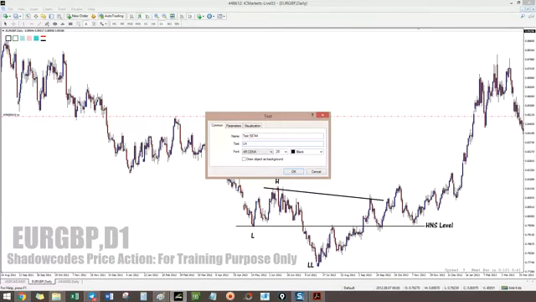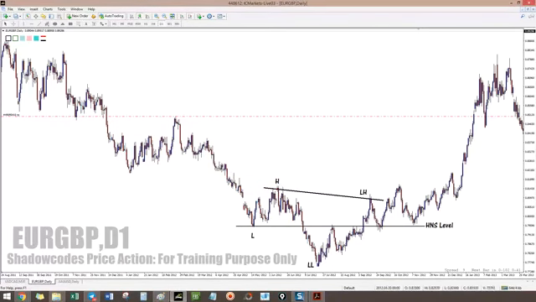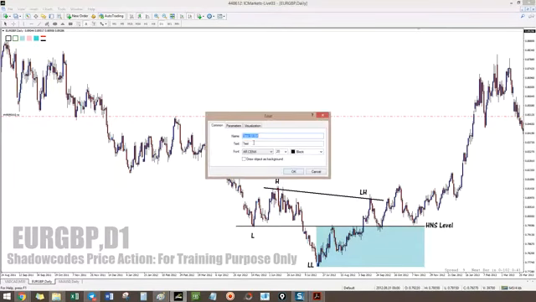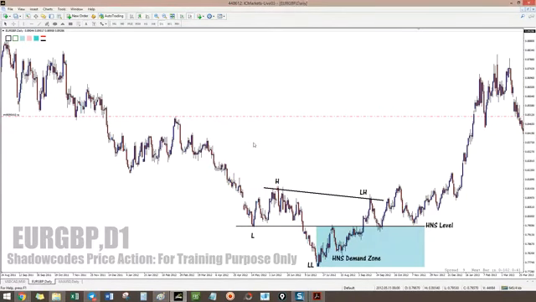Lower high. Okay. So we mark this in blue. This will be HNS demand zone. HNS demand zone. Okay, so save this.